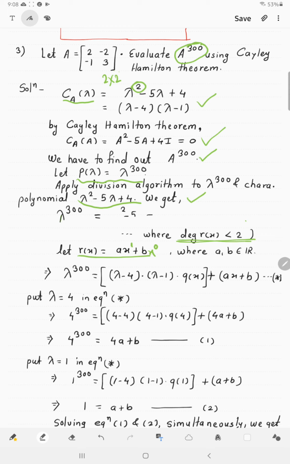Lambda raised to 300 equals lambda square minus 5 lambda plus 4 times q of x plus ax plus b. Okay, now let's see.